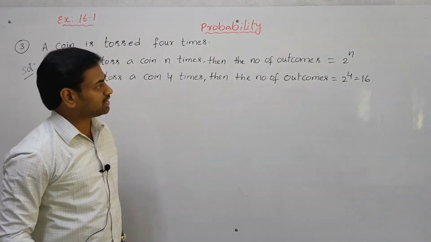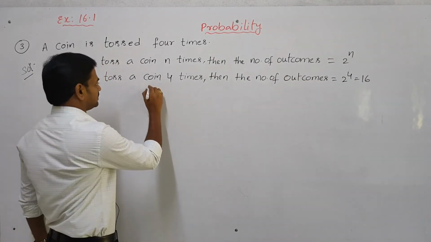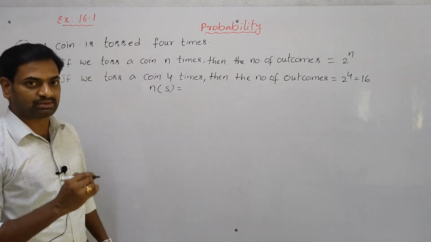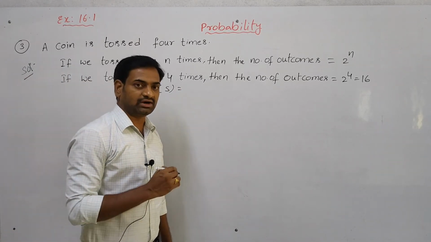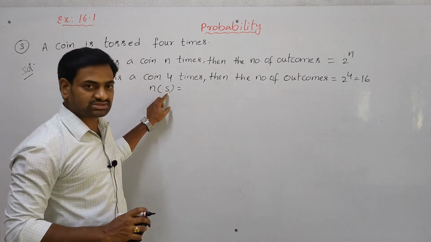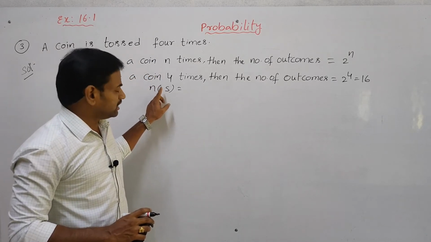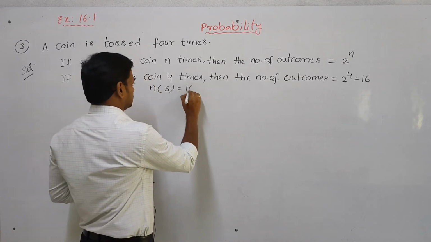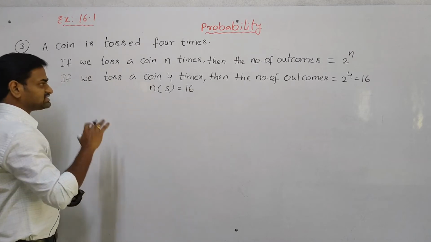There are 16 outcomes. That is n(S), the number of elements in the sample space. n(S) means number of elements in the sample space equal to 16. So what are the 16 elements?